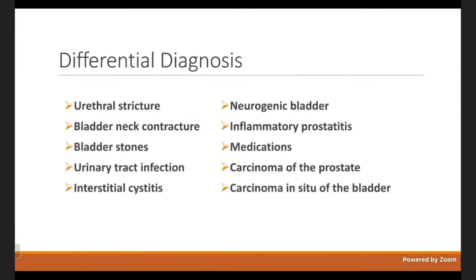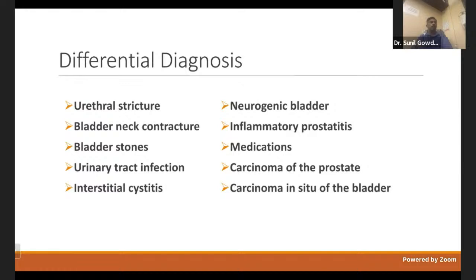What is the differential diagnosis of these lower tract symptoms? The differential diagnosis includes urethral stricture. There can be bladder neck contracture, bladder stones, urinary tract infection, interstitial cystitis, inflammatory prostatitis, and various medications which can cause these lower tract symptoms.